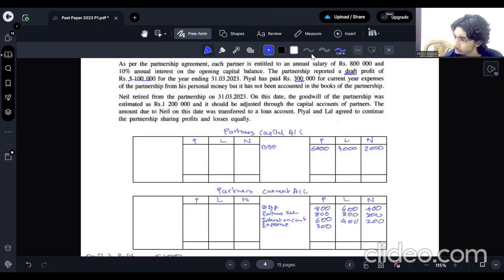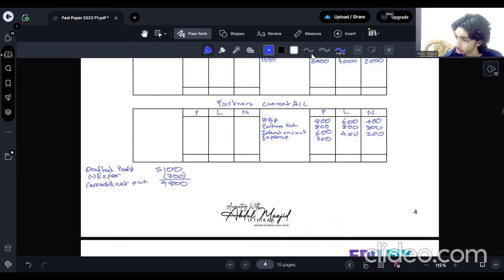Then what we can do, we can share the profit. Now corrected net profit 4,800,000. From that we can deduct the partner's salary. Partner's salary totally 800 plus 800 plus 800. That is 2,400 for all three partners.